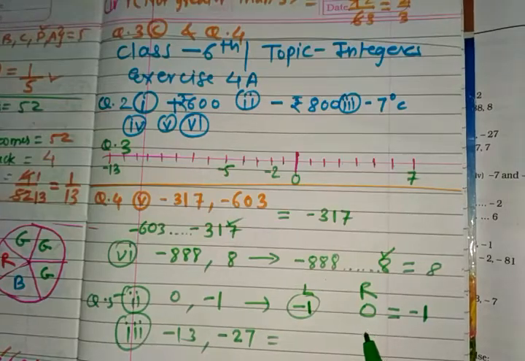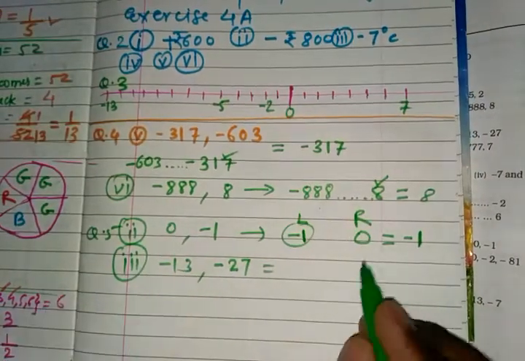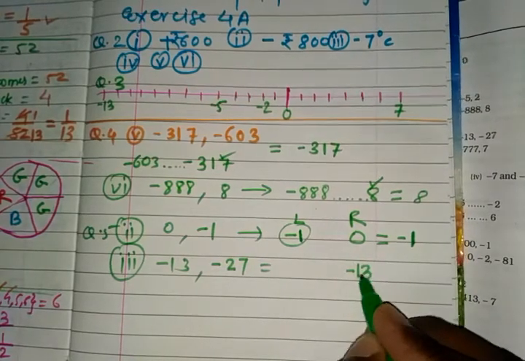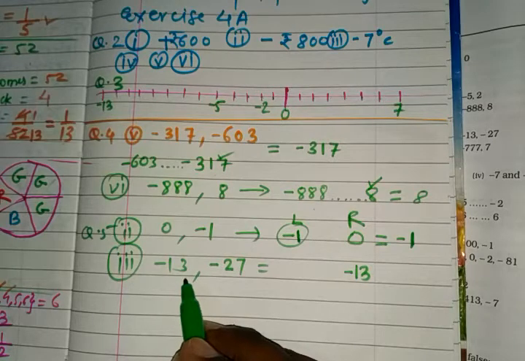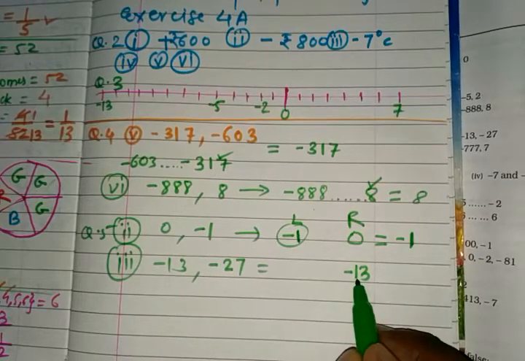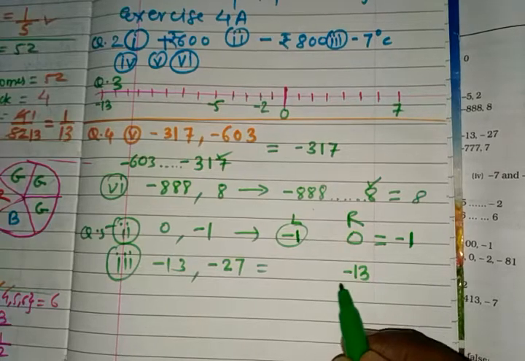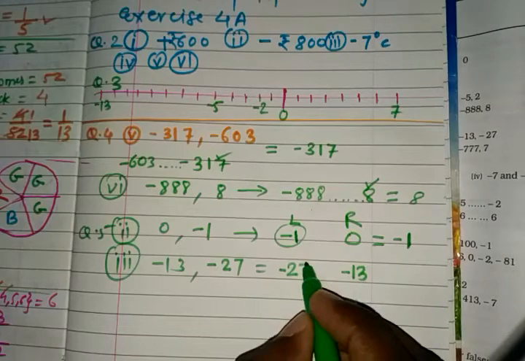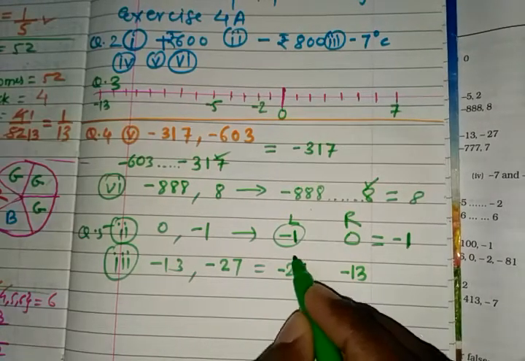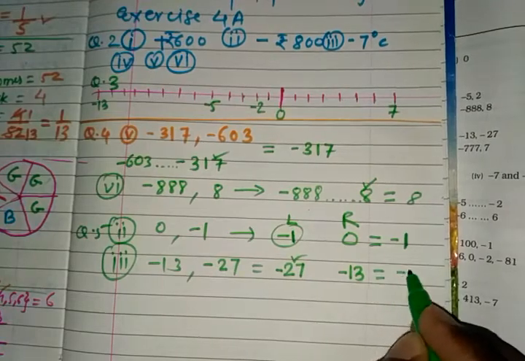Minus 13 is lying to the right, so it is the bigger one, and minus 27 is to the left of minus 13, so minus 27 is the smaller number.